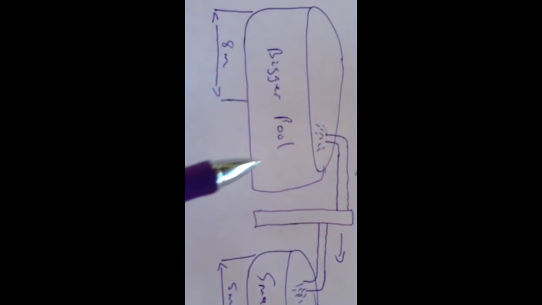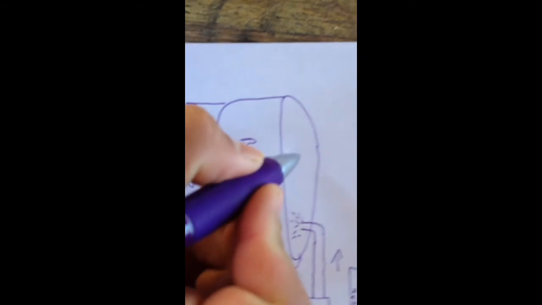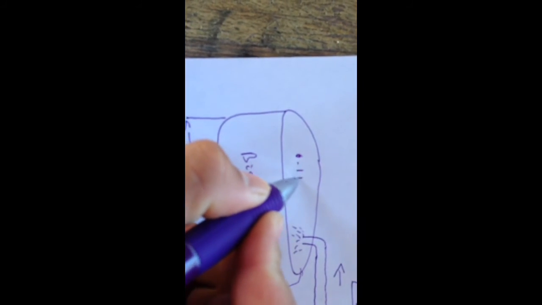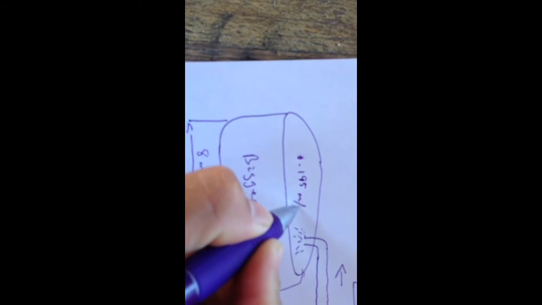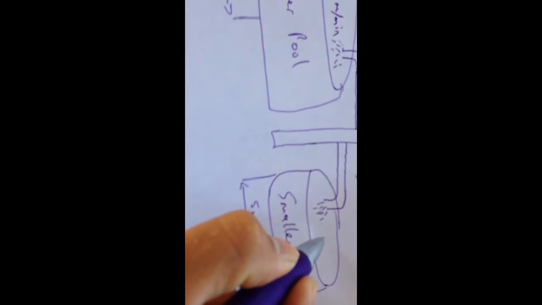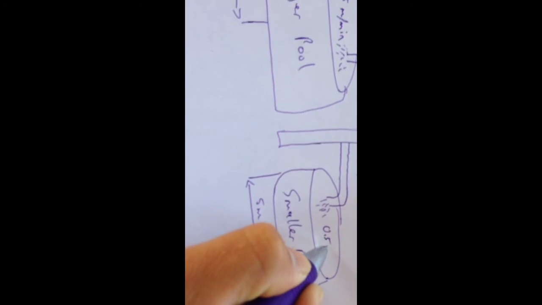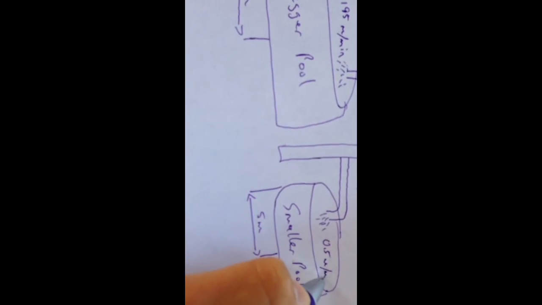And the change in the small pool was given to us, and we know that it's 0.5 meters per minute, and that's my answer.